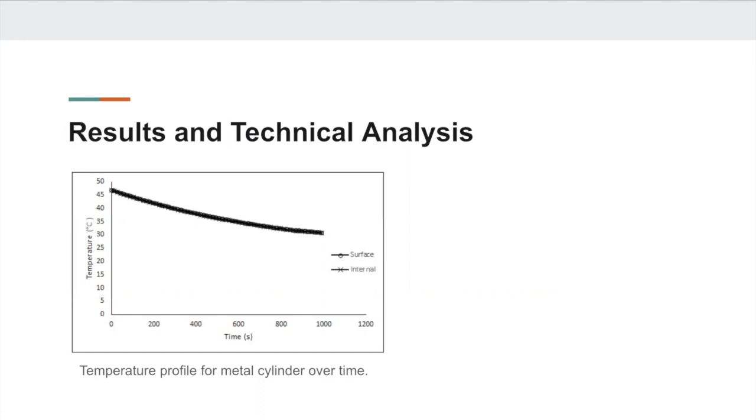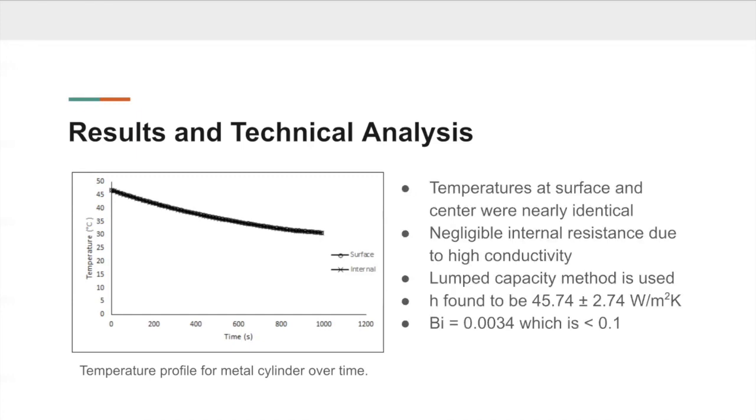So this is the temperature profile that was found for the metal cylinder over time. As you can see, the surface and internal temperatures were basically the same over the course of time. So it shows that the temperatures at the surface and center were nearly identical. Because of this, we can assume that there's negligible internal resistance and treat the entire object as being the same temperature.